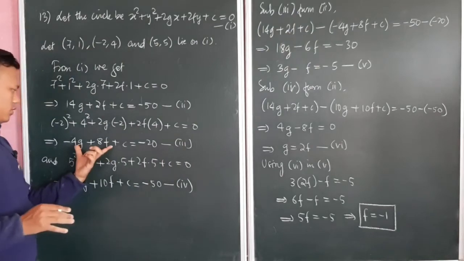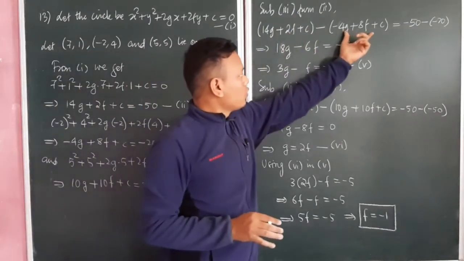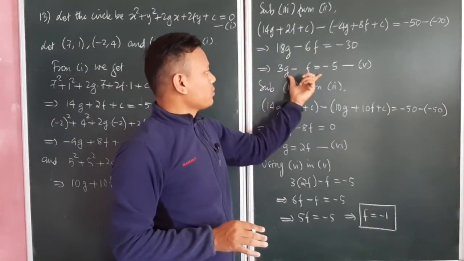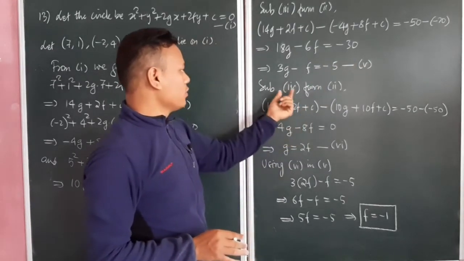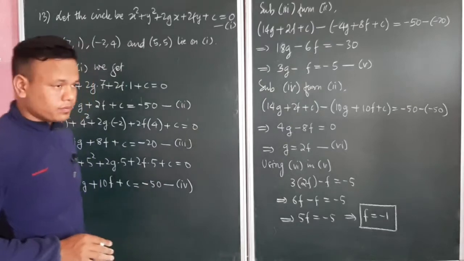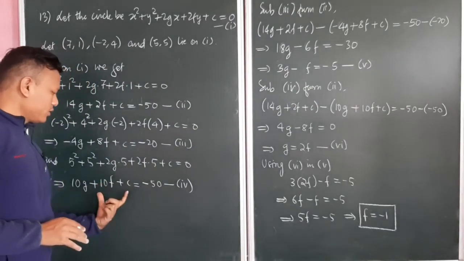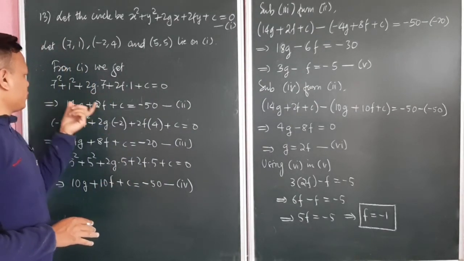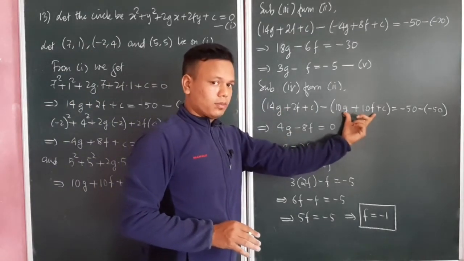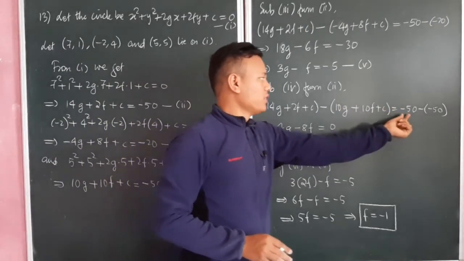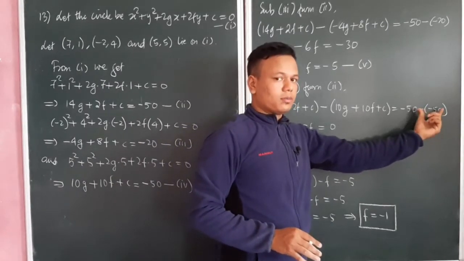From here you will arrive at this equation, which I call equation 5. Now let me subtract 4 from 2 again. First we write 2, then minus 4, and on the right-hand side we have minus 50 minus of minus 50.